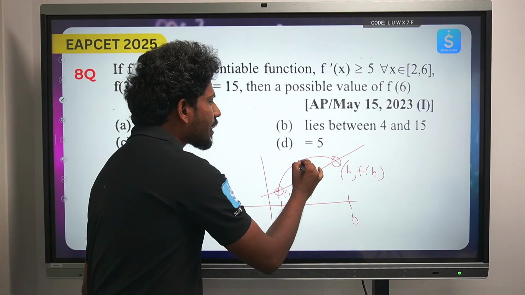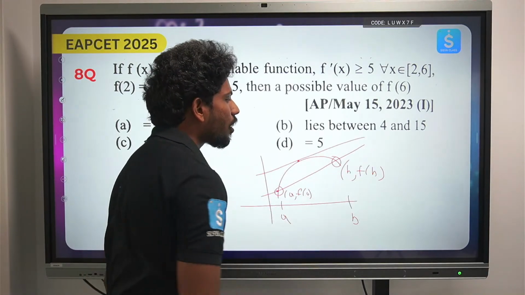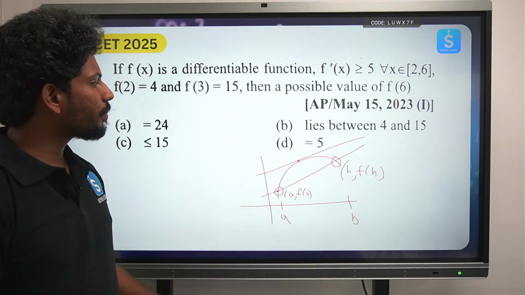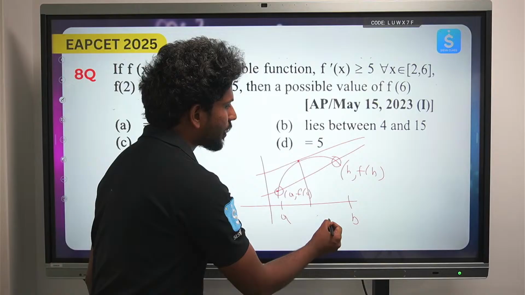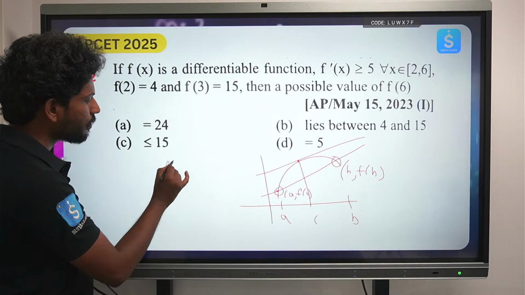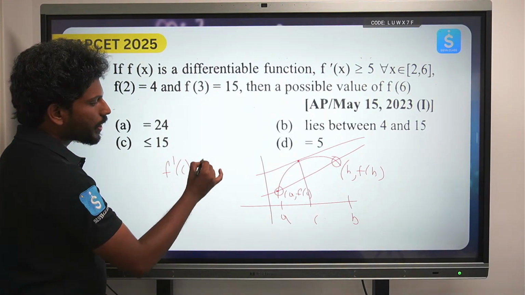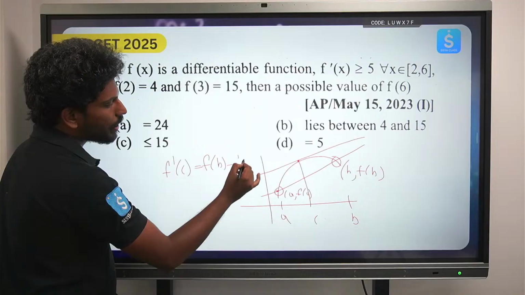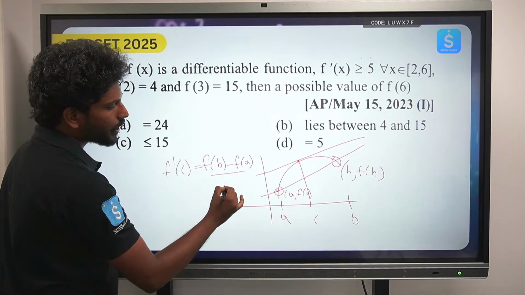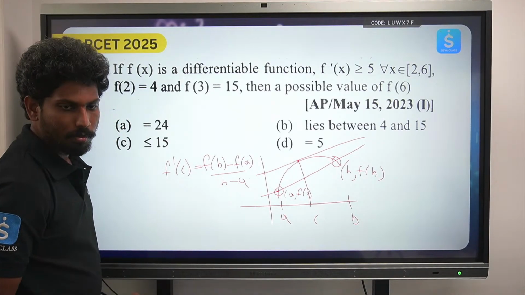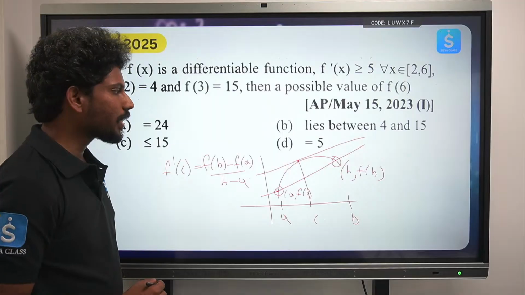Now if you take some point and draw a parallel line, then f dash of c is equal to f of b minus f of a by b minus a.